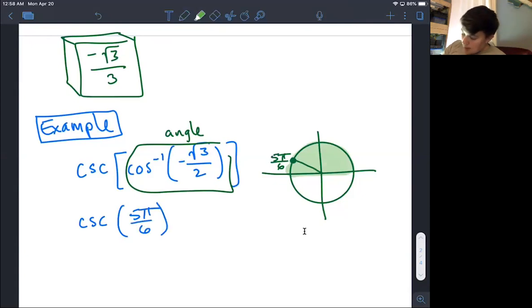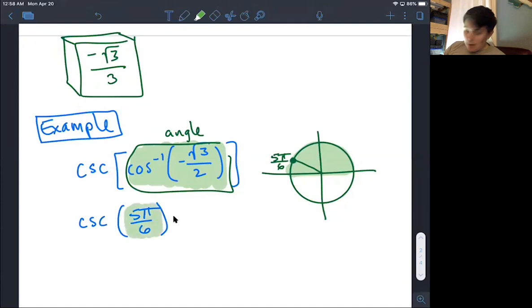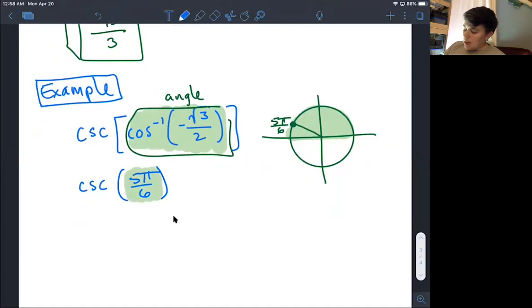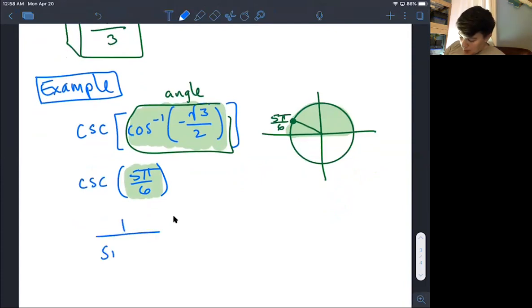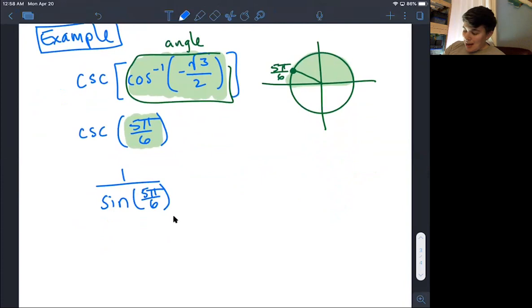So just as a point of order, I replaced all of this. The angle that works with is this right here. Okay, now what I'm going to do is the cosecant is 1 over sine, so this is actually equal to 1 over the sine of 5 pi over 6. Y'all, what is the sine at 5 pi over 6?